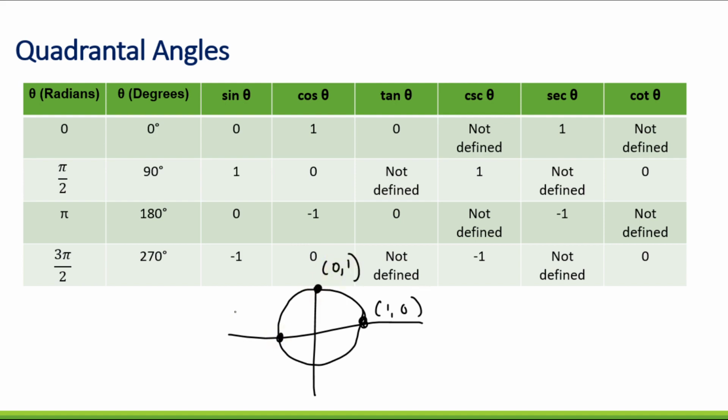At 180 degrees, this is (-1, 0). And at 270 degrees, this point is (0, -1). So you have your x or a, the b value, which is y, and then r is 1 everywhere in a unit circle, which is a circle of radius 1. And so this unit circle comes in really handy when finding the value of any quadrantal angle. Let your instructor know if you have any questions.